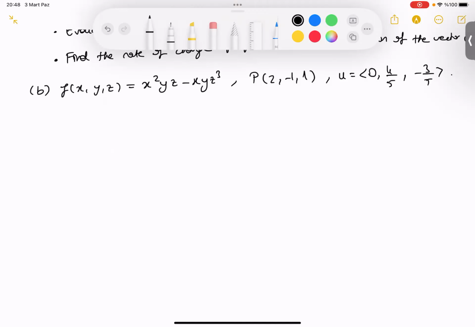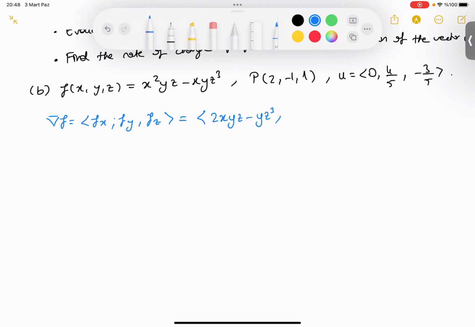Now, first we will find the gradient of f. So it's f sub x, f sub y, f sub z. Now you take the derivative of f with respect to x, 2xyz minus yz cubed.